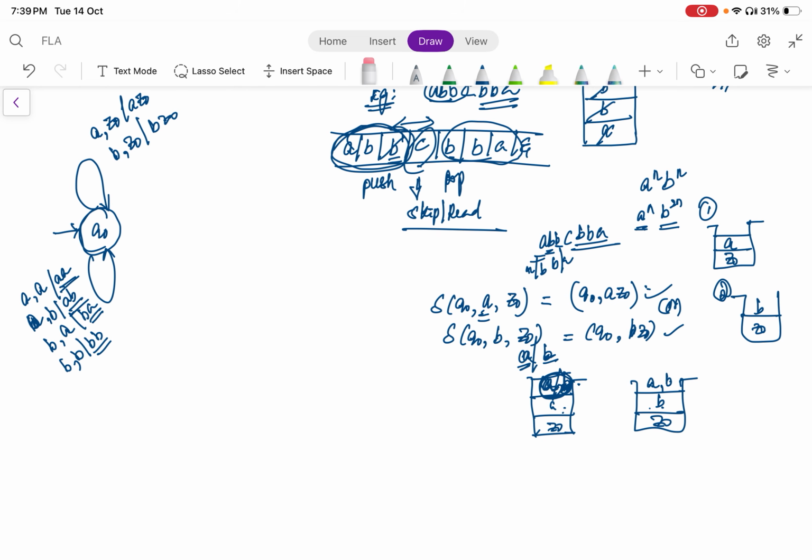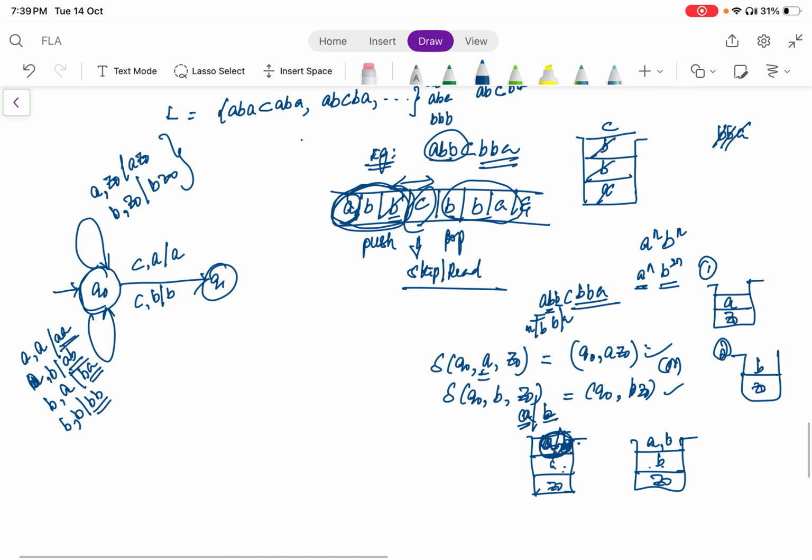Now move on to the center marker. At the center marker, you change the state to Q1, but the state of the stack will remain the same. If the input is A, or if the input is B, understood?